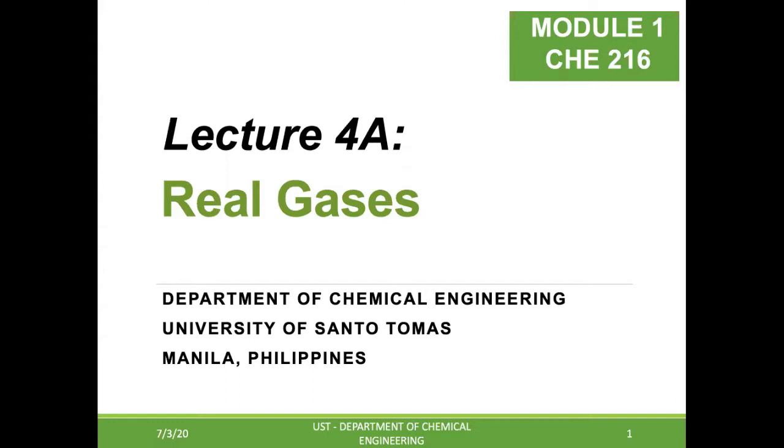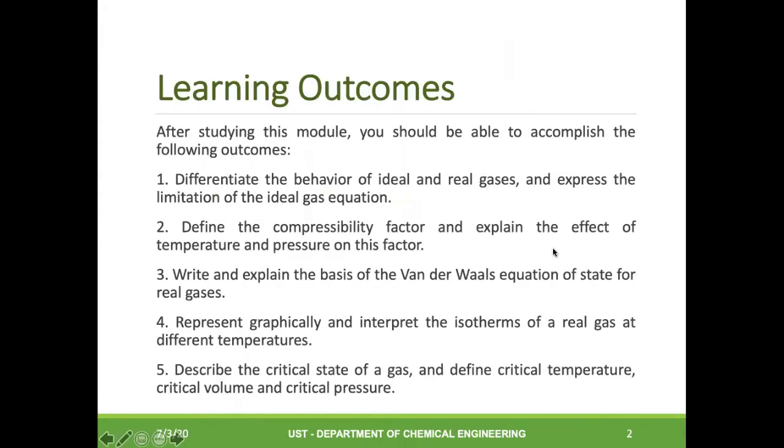So we know that the ideal gas equation, PV = nRT, is a limiting equation which holds true only at certain conditions. But on this topic, you will realize that real gases show deviations from the perfect gas law because molecules interact with one another.